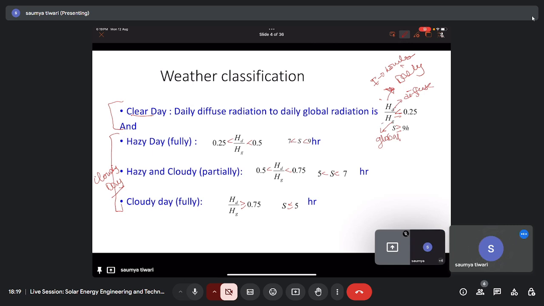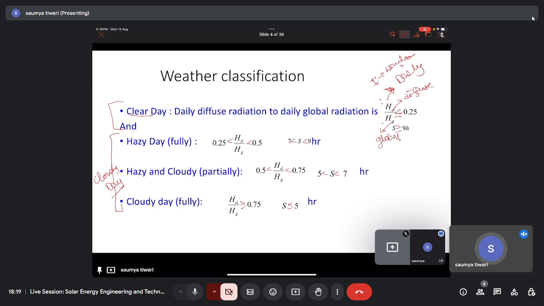Okay, so if this parameter is less than or equal to 0.25 and the sunshine hour is greater than 9 hours, it is considered to be a clear sky. If Hd by Hg is between 0.25 and 0.5 and the sunshine hour is between 7 and 9 hours, then it's a hazy day, or fully hazy day.